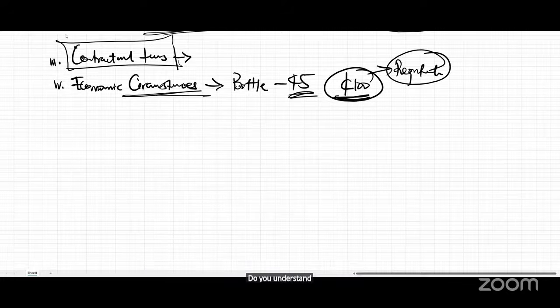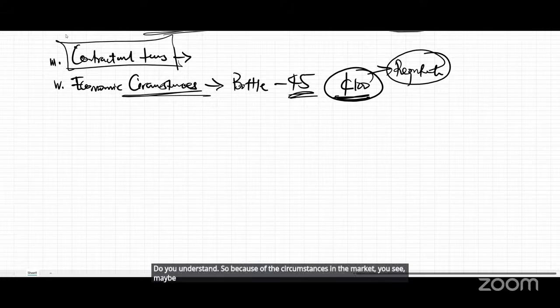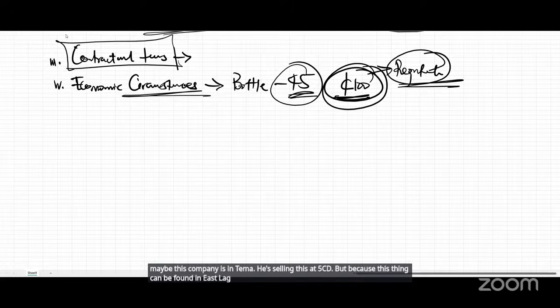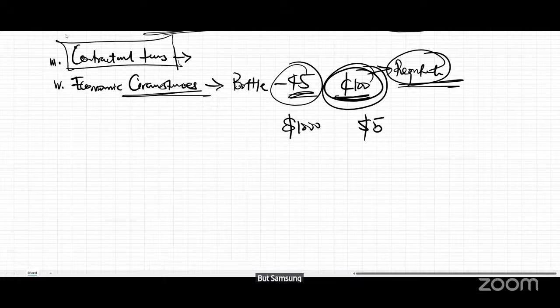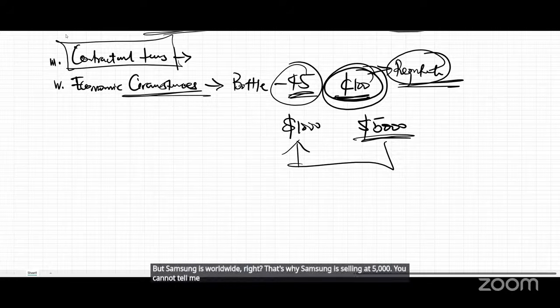So because of the circumstances in the market, maybe this company is in Tema, selling this at 5 cedis. But because this thing can be found in East Legon, they are selling at 100 cedis. So, Mr. Commissioner, because maybe I am located in this part of Ghana, I sell the phone at $1,000. But Samsung is worldwide, right? That's why Samsung is selling at $5,000. You cannot tell me to use Samsung's price as my own just because Samsung is an independent party.